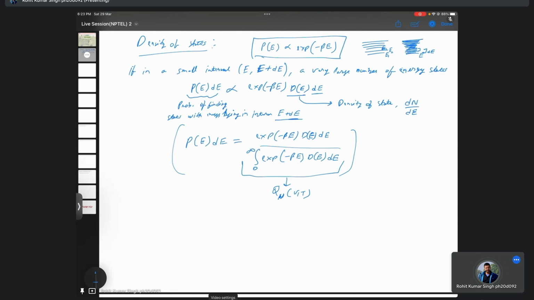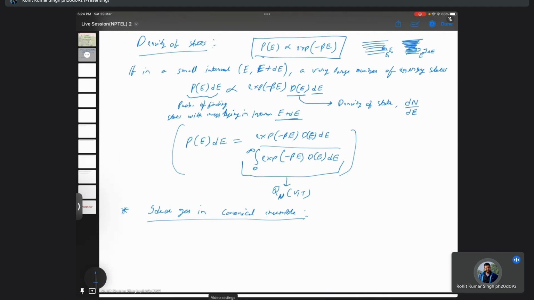Now let's first discuss ideal gases in the canonical ensemble, and we will consider cases where this ideal gas is made up of either bosons or fermions.